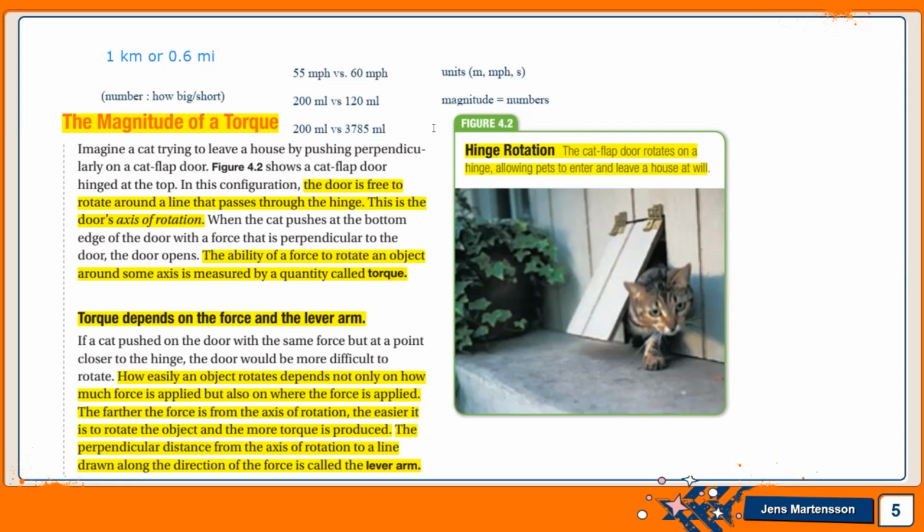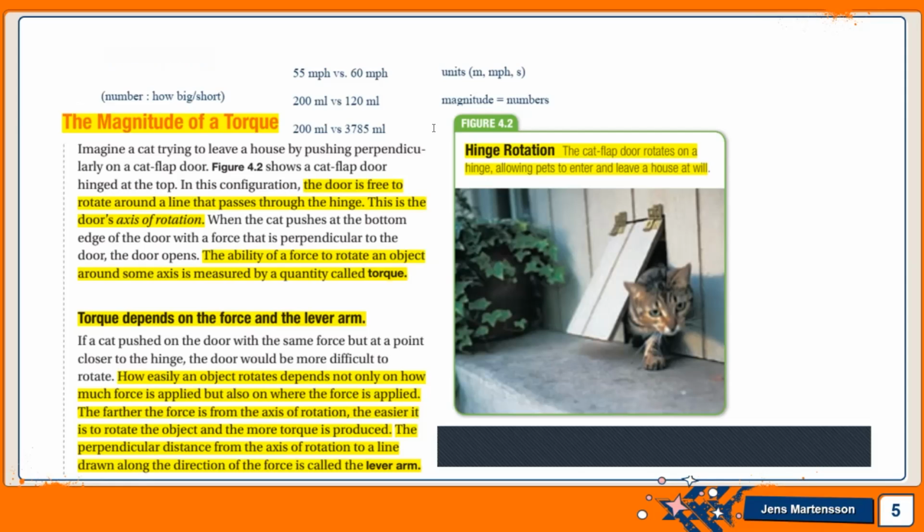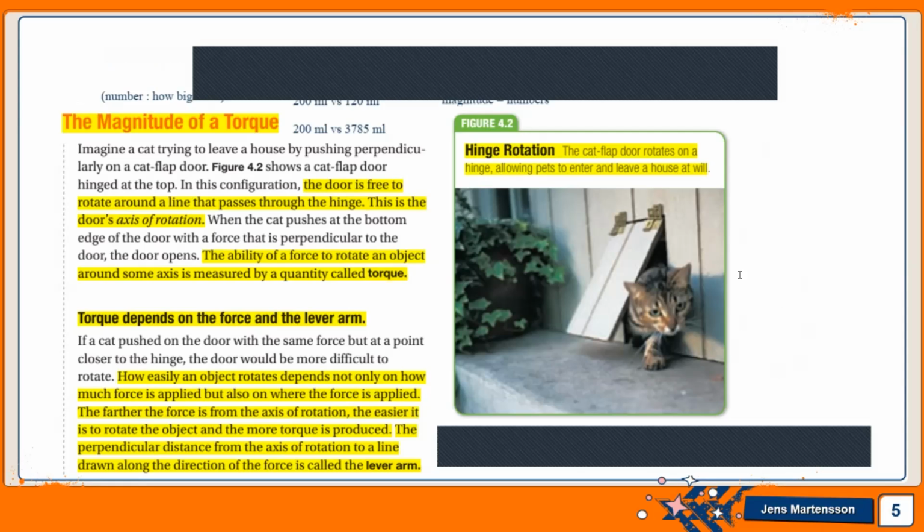So how are we going to measure the magnitude of a torque? Take a look at this hinge rotation in figure 4.2. Of course, I included a figure because it has a cat, but it also has a point, okay? The cat flap door rotates on a hinge, allowing pets to enter and leave a house at will.